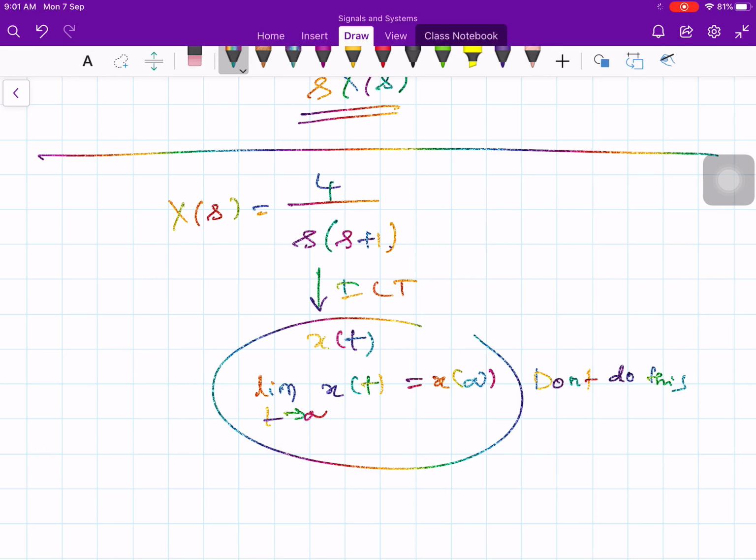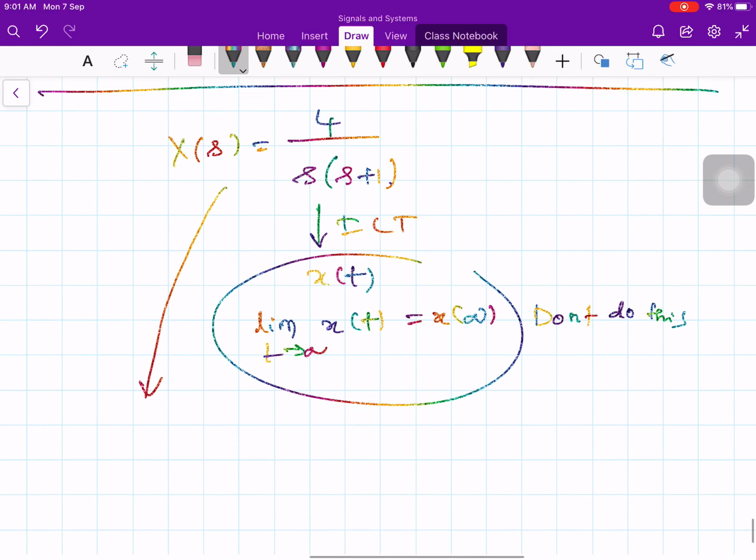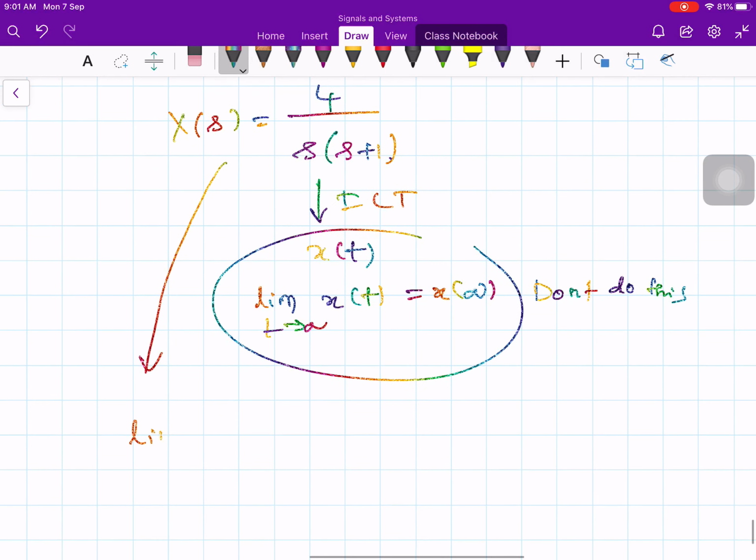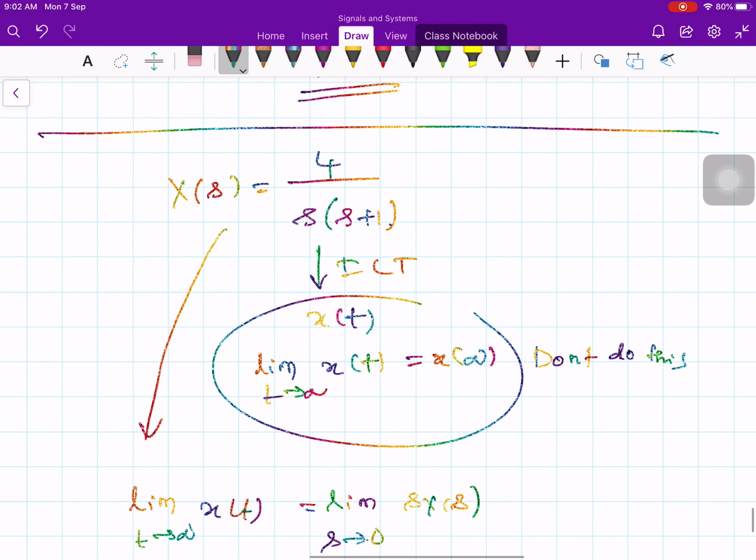So the final value theorem says limit t goes to infinity x of t is equal to limit s goes to 0 s times x of s. Now if you multiply s times x of s, s times 4 divided by s times s plus 1, then s and s will get cancelled.